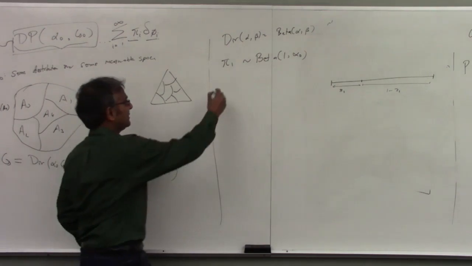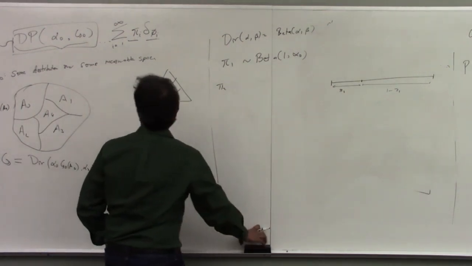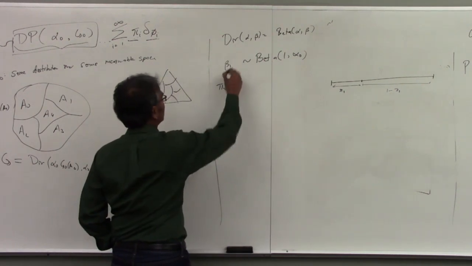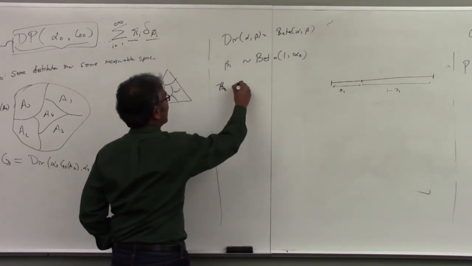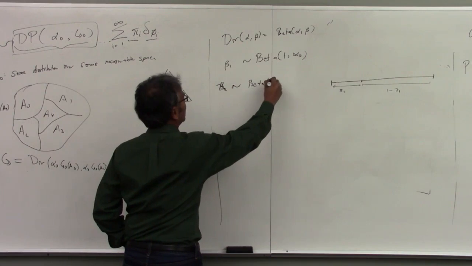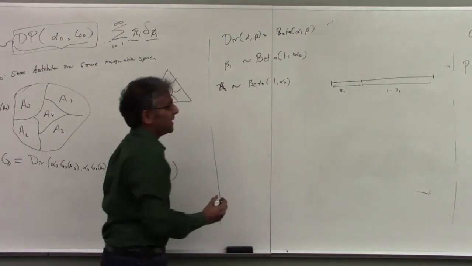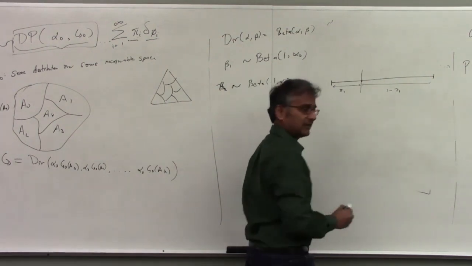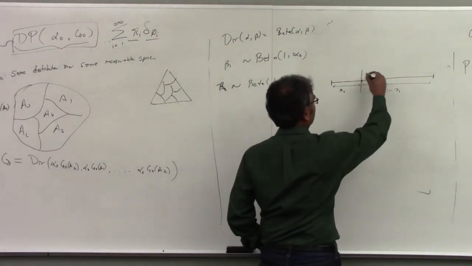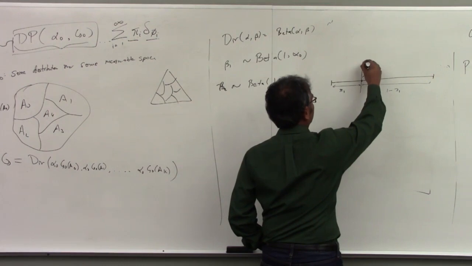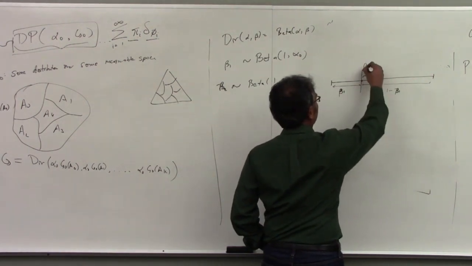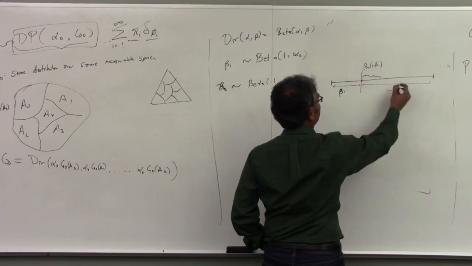Now do this again. Draw pi 2. Well, let's draw beta 2, again drawn from beta 1 alpha 0. But interpret beta 2 as doing a stick breaking on what's left, and do another dot here. So this becomes beta 2 times 1 minus beta 1.